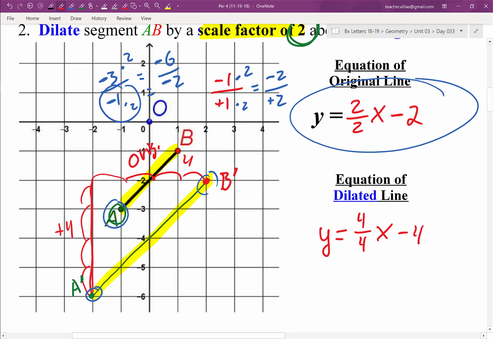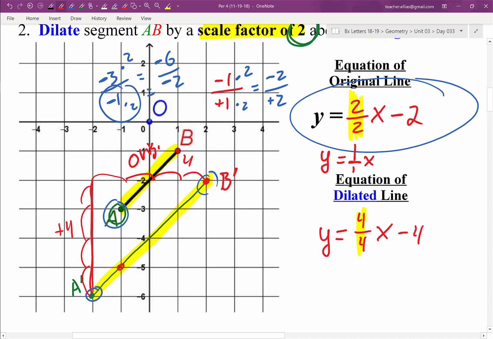Now, Lizette, what do you notice about these slopes? Yeah, when you do the equation of a line, you should write the slopes in simplified form. 2 over 2 is really 1, or 1 over 1.